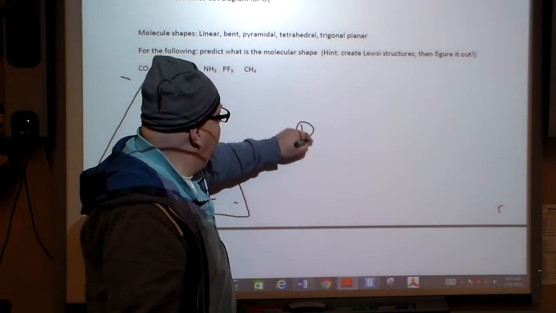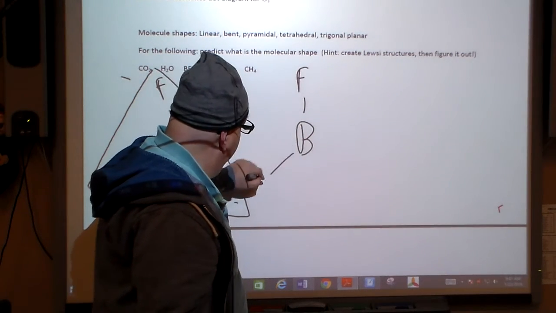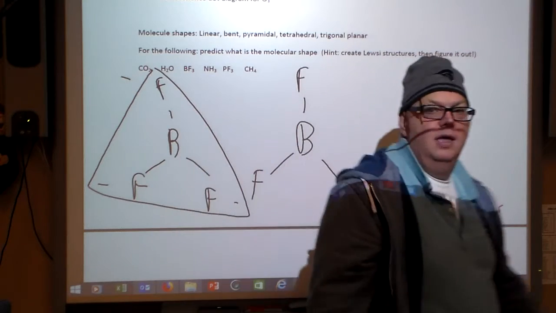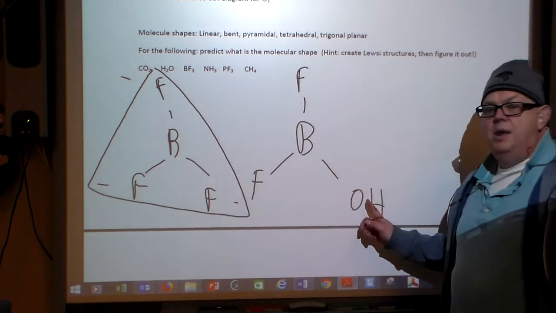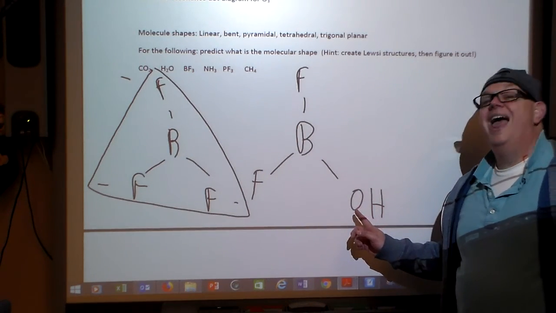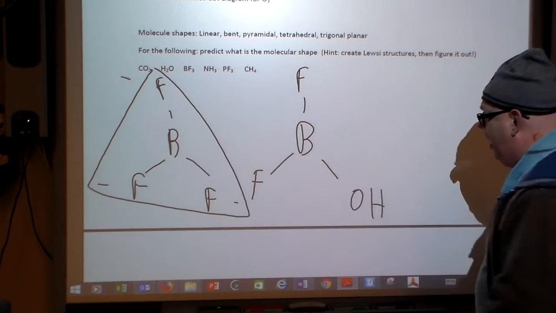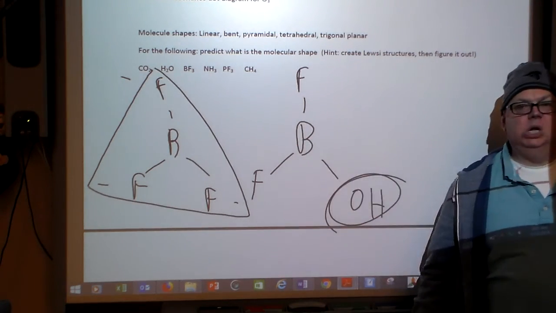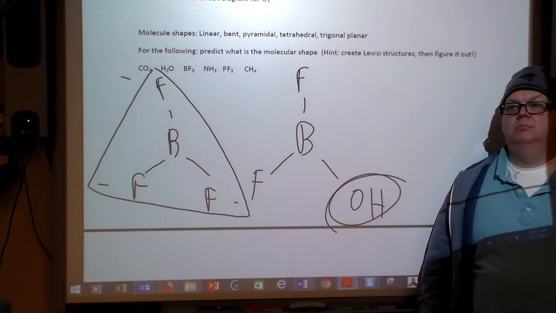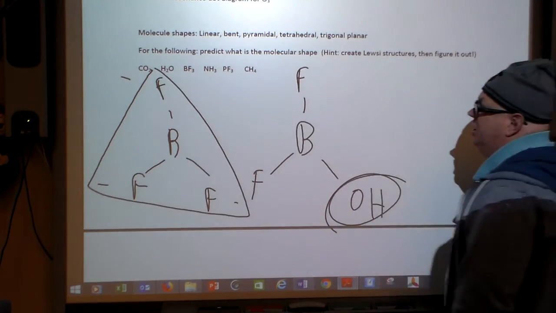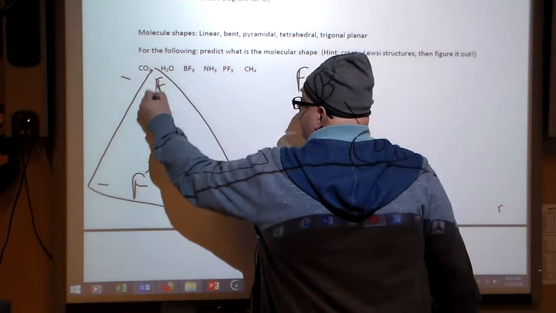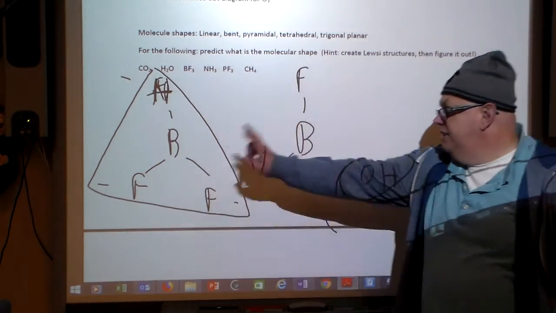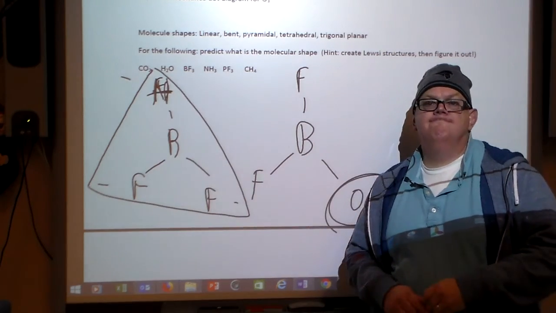Now, if I did this, is it polar or non-polar? Now it's polar. Why? This is making it asymmetrical. Now it's polar, just by simply changing one thing. So here, if I change this to an H, guess what? This is now a polar molecule.